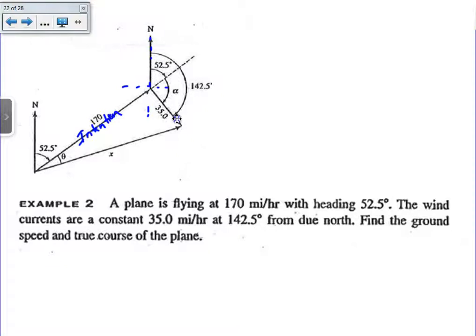When you look at the wind now, we need to think about it, let's see, picture's all labeled. They want us to find the ground speed and true course of the plane. So basically we need to find the angle of how the plane is actually traveling, and then also how fast it's going.